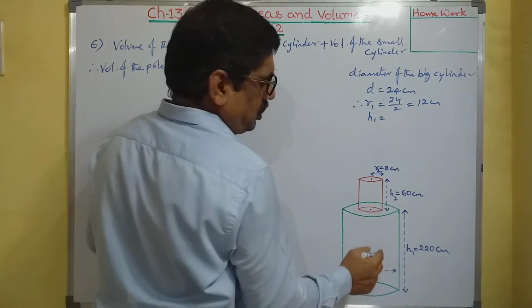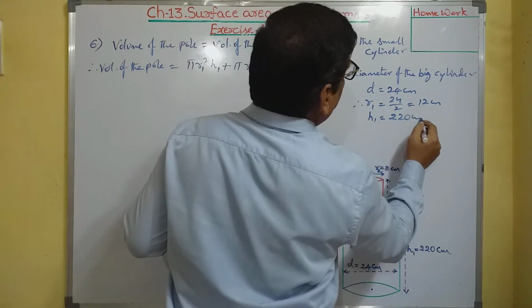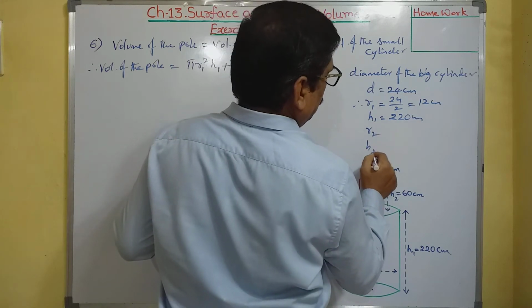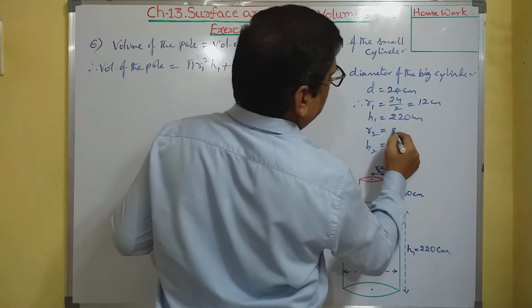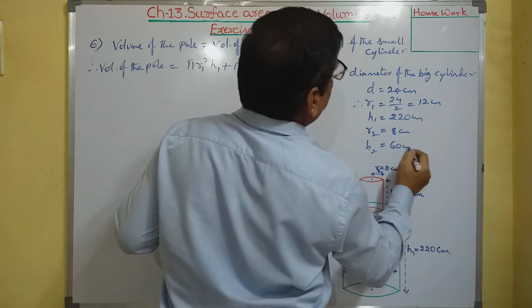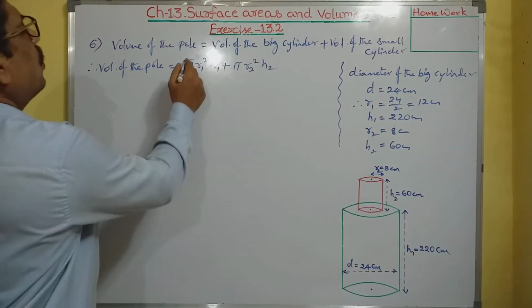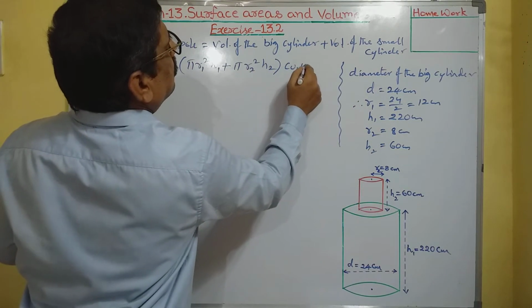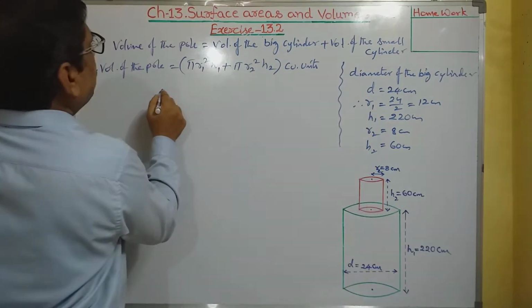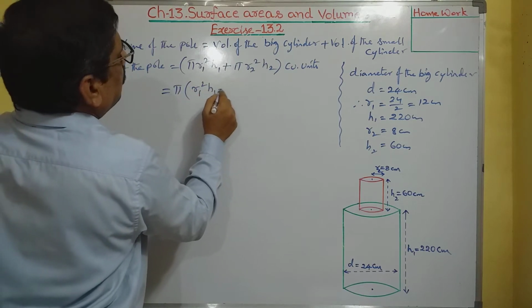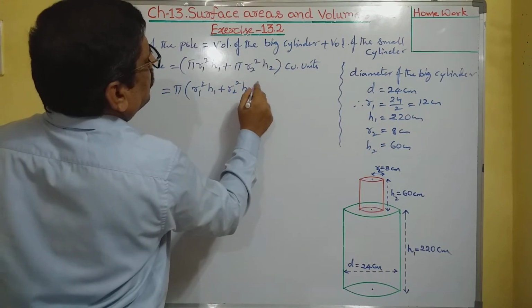H1 is 220 centimeters. And R2 and H2 are 8 centimeters and 60 centimeters. We can substitute these values. This is in cubic units. Let us take pi common, then we get pi times R1 square H1 plus R2 square H2.